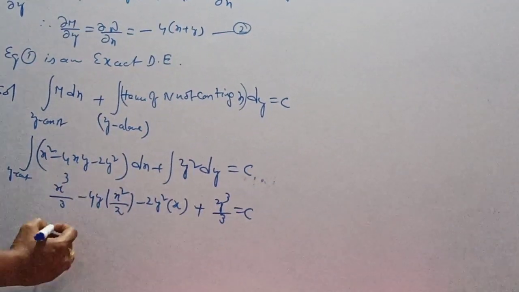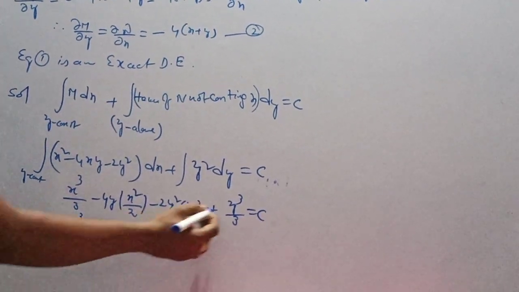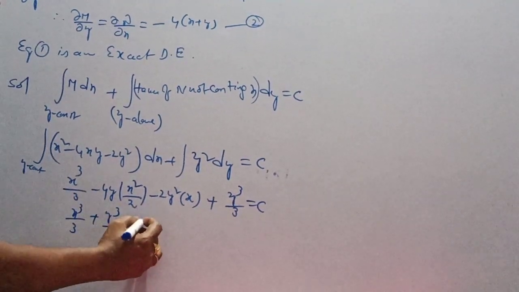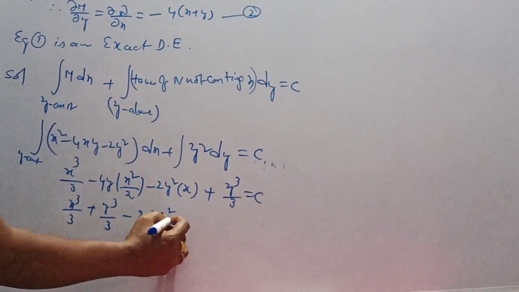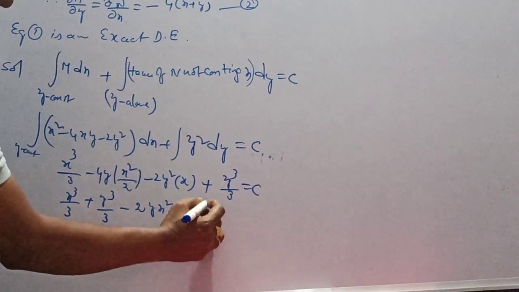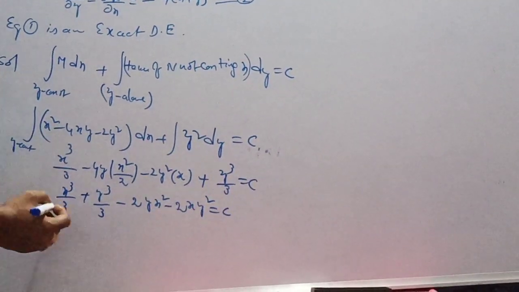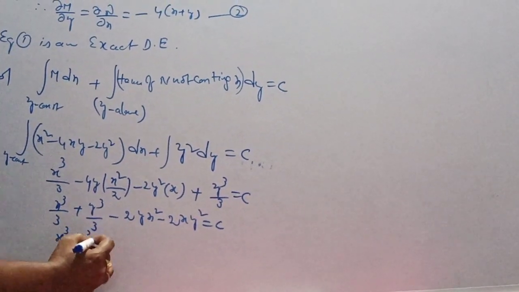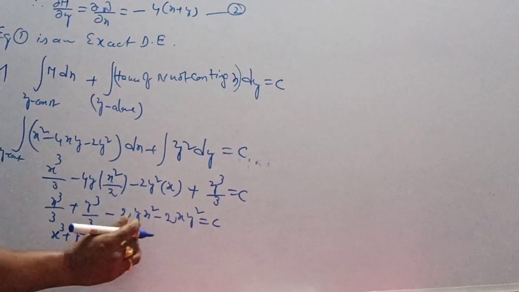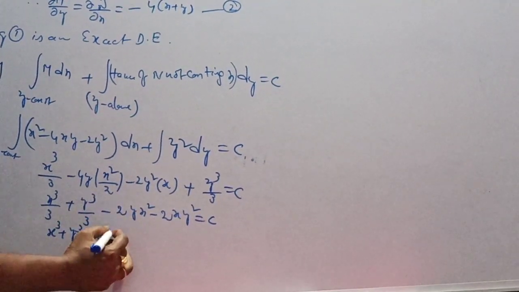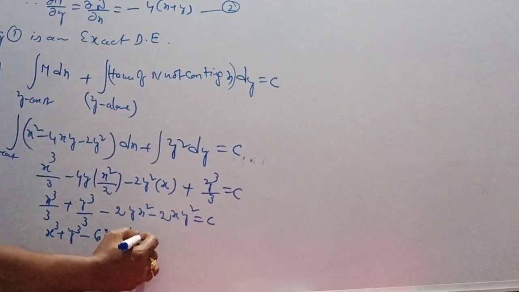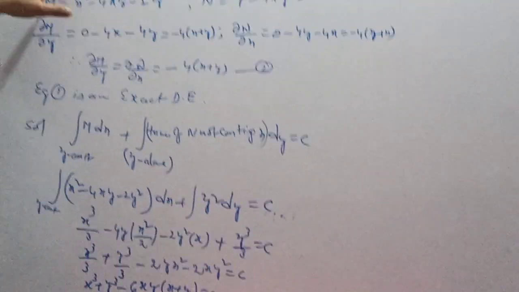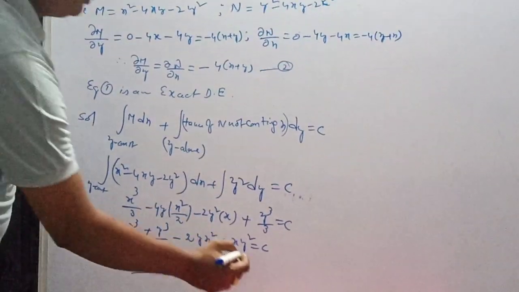So again, rewriting: x³/3 + y³/3, the 2s get cancelled, minus 2yx² minus 2xy² equal to c. Or taking 3 as the LCM: x³ + y³ - 6xy(x + y) = c, taking xy as common, is the required solution for the given differential equation.